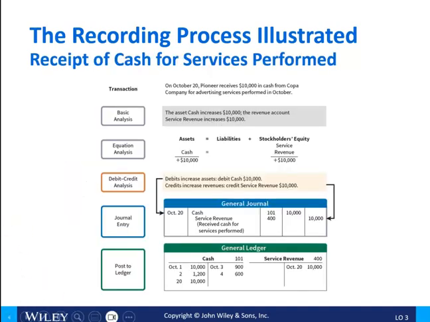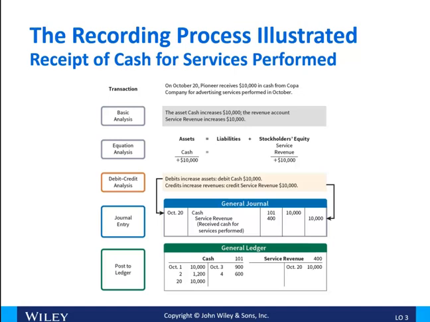Receipt of cash for services performed. On October 20th, Pioneer receives $10,000 in cash from Copa Company for advertising services performed in October. The asset cash is increased because we're receiving cash. The revenue account, service revenue, is going to increase $10,000. We performed a service.